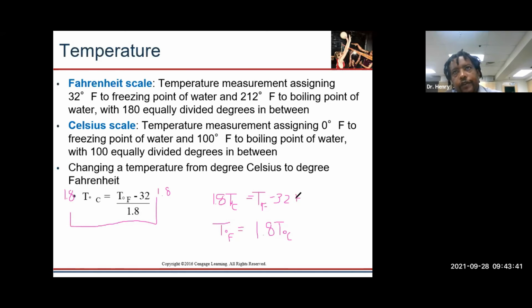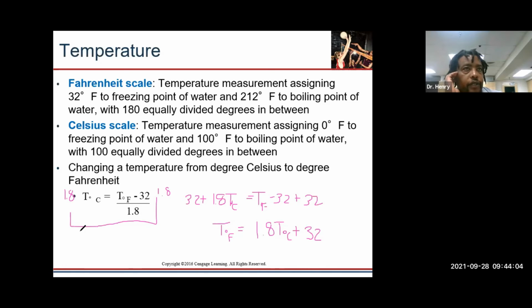What we do to one side of the equation, we've got to do to the other side, if you remember that from math. So we get TF equals 1.8 TC plus 32. Now this was changing Celsius to Fahrenheit.